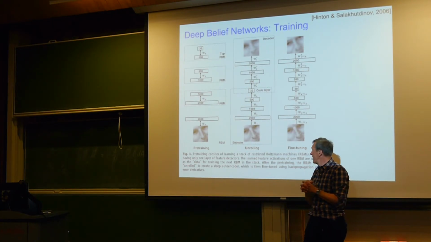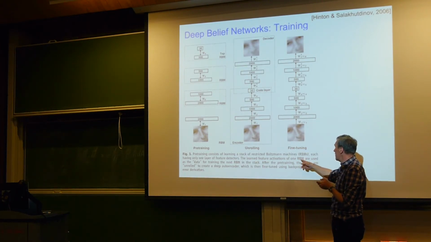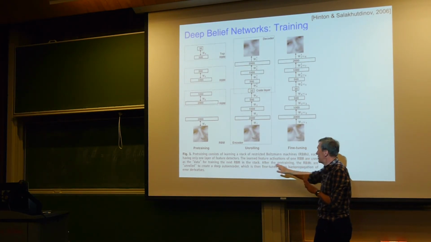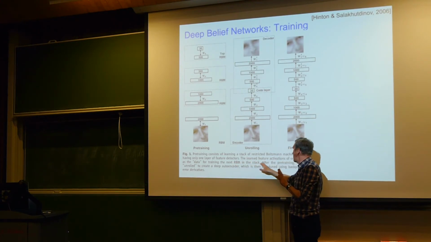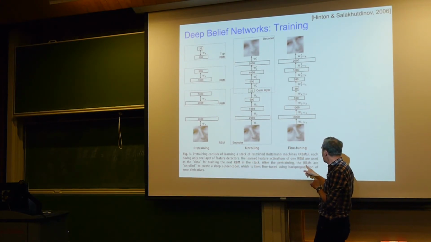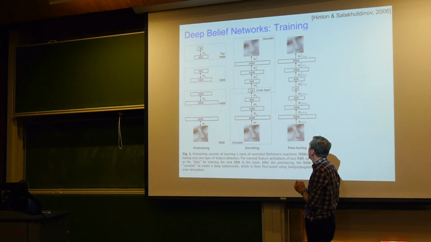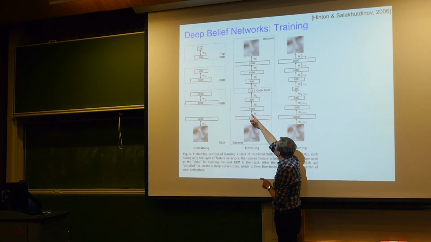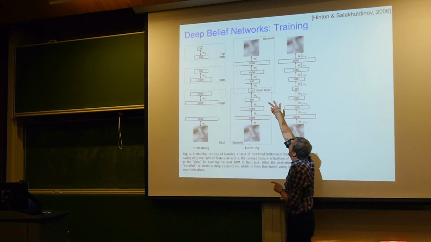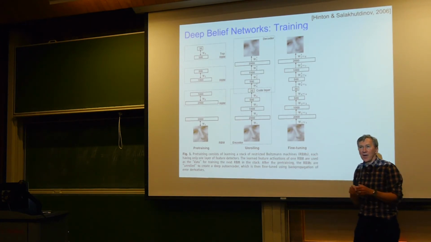Okay, so that's the pre-training. The learned feature activations for one of those are used for the data to train the next one in the stack. After pre-training, these are unrolled this way to create one single deep autoencoder, where again these parameters are shared. So this matrix of weights W2, the transpose of that is used to do the decoding.